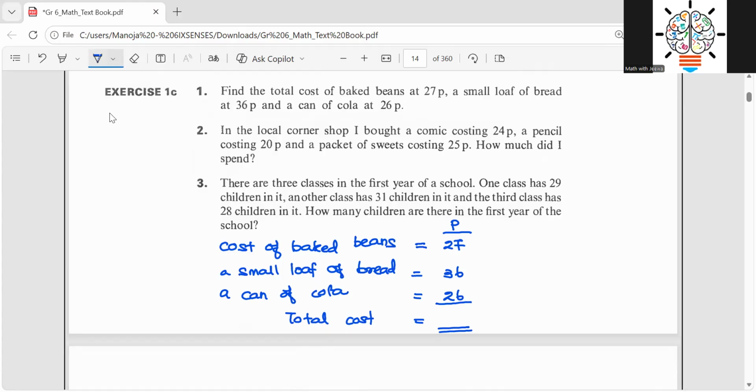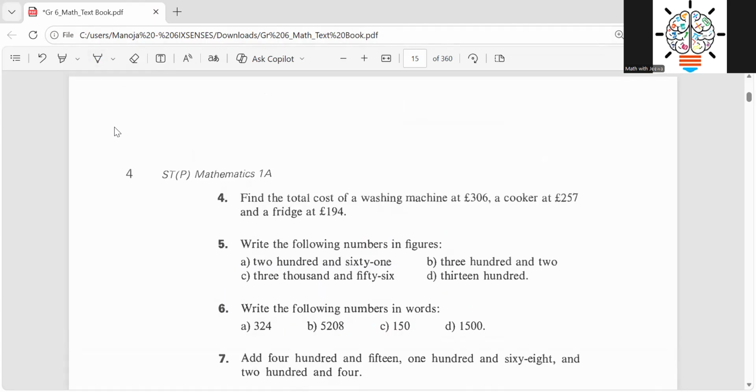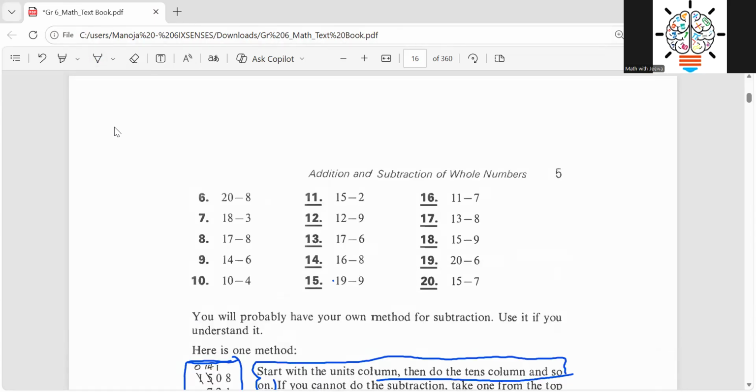So then 89. The total cost is 89 pence. You don't need to write pence here because on top you have written the unit, right? 89 pence. And then the next type of question you can have.